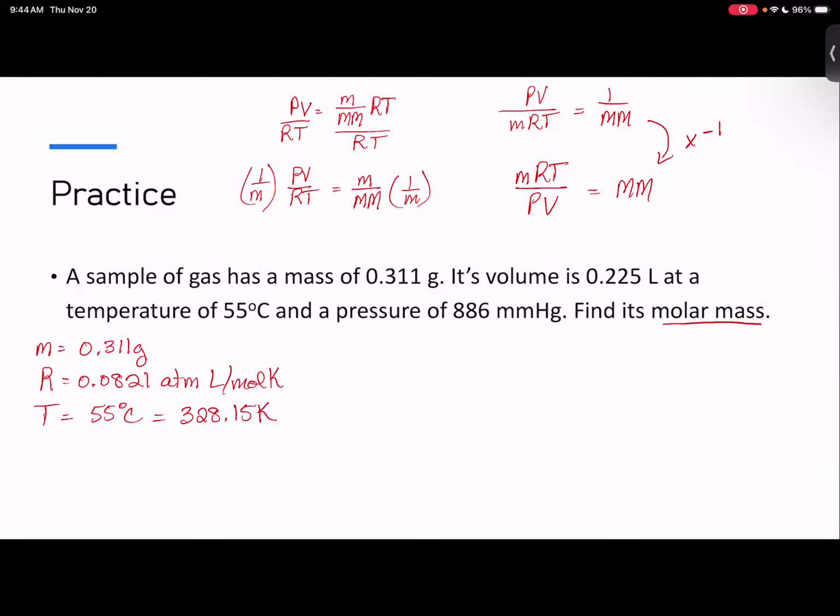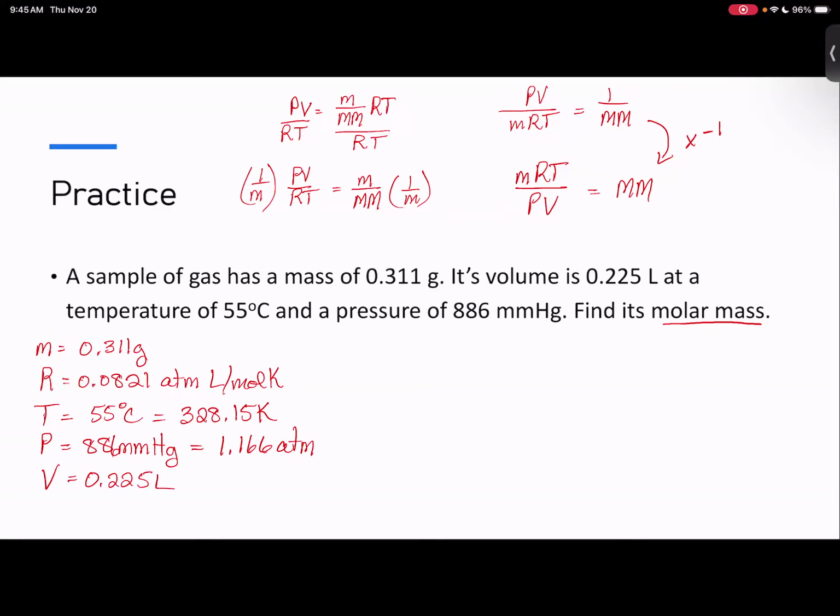I have the pressure of the gas at 886 millimeters of mercury, which I know needs to be in atmospheres. So I divide by 760, and that gives me 1.166 atmospheres. And the volume of the gas, which I missed, was 0.225 liters.